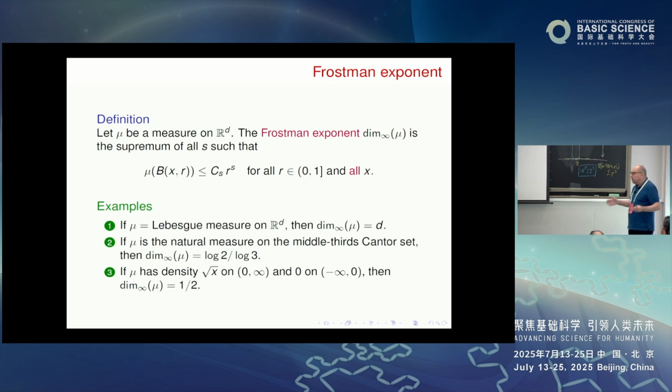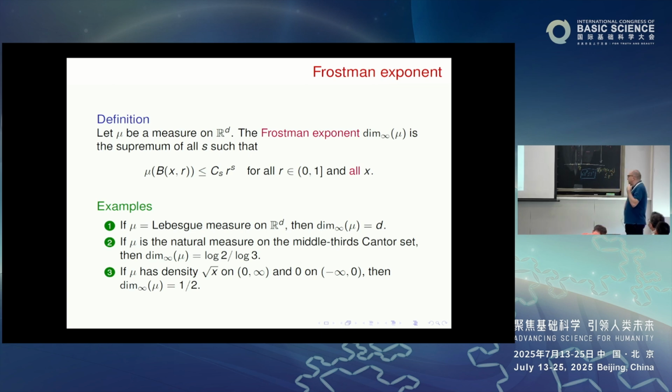If you measure dimension with this Frostman exponent, this is not true. For example, suppose that you have a measure with density square root of x, something like this, on 0, 1. I wrote 0 infinity, but it could even be 0, 1. Well, there is too much mass at 0, only at 0. But this already brings the Frostman exponent down. So just having one bad point can decrease the Frostman exponent. So having a large Frostman exponent expresses a very uniform property of the measure.